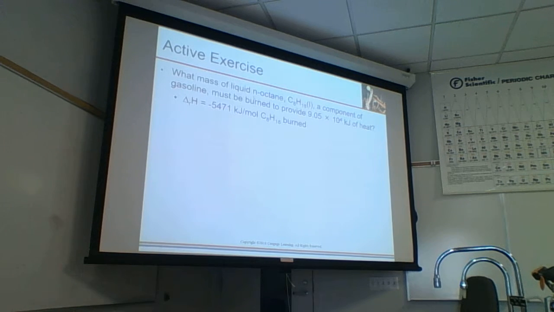So this next one: what mass of liquid n-octane, C8H18 liquid, a component of gasoline, must be burned to provide 9.05 times 10 to the 4th kilojoules of heat? Well, there are 2 ways we could do this one.